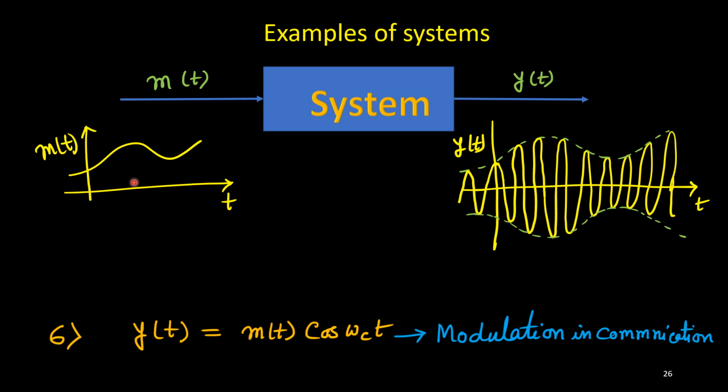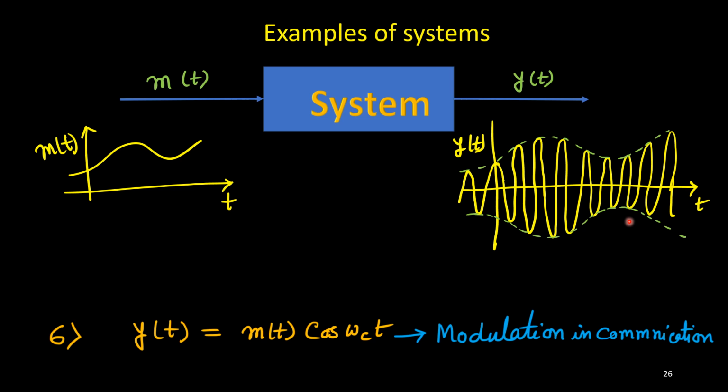So if I apply this kind of message signal, whenever cos(ω_c t) is multiplied, generally ω_c is a very high frequency, so you will find a modulated signal like this, and this is called the envelope. This is useful for communication purposes.